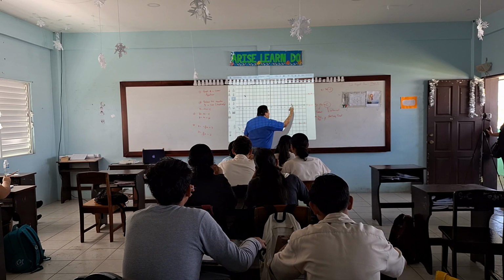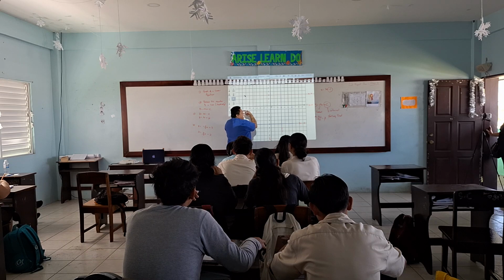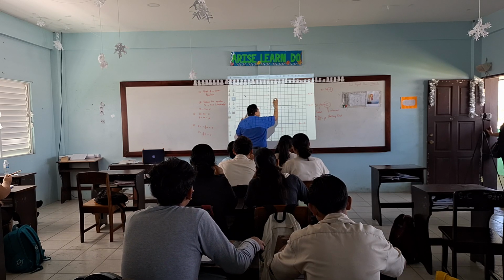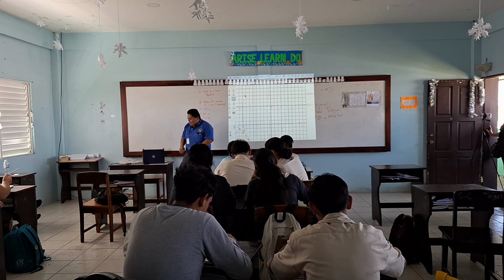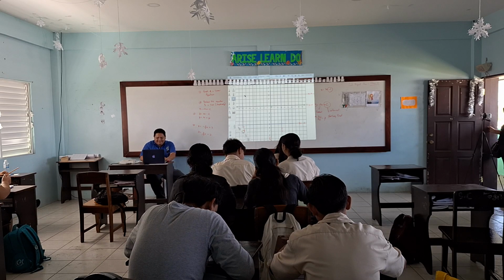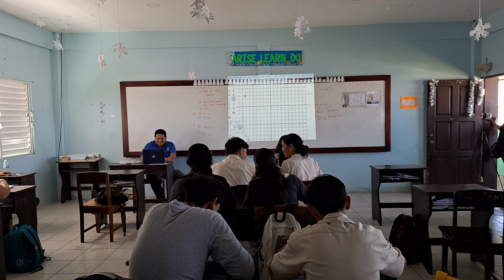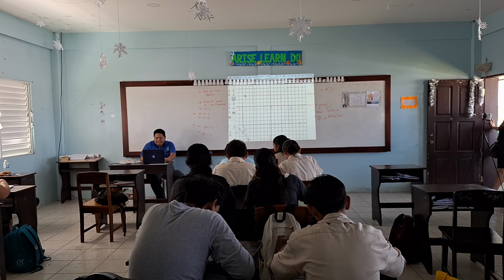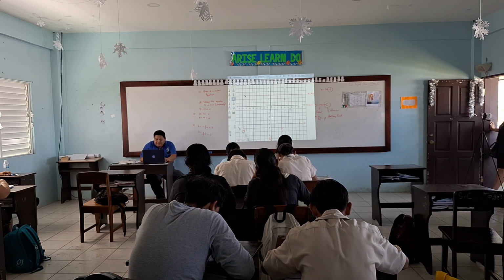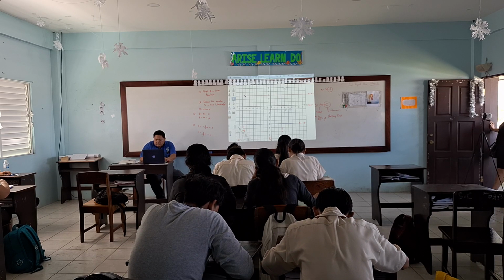If I go that way, it will be negative. So I want positive. So that is my point. And then I draw my line. Alright, so then that's -1.